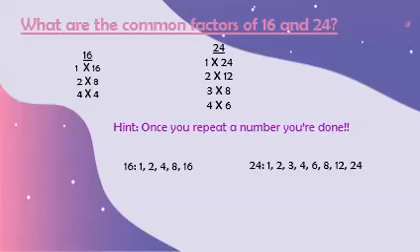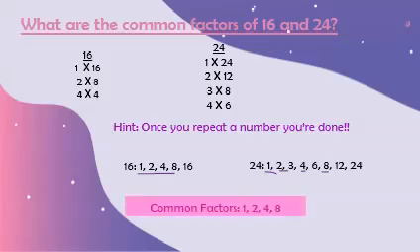What are the numbers that are found in 16 and 24? 1, 2, 4, 8. So those are the common factors of 16 and 24. The common factors are the factors that are found in both, or the common divisors, it's the same word. So 1, 2, 4, and 8.